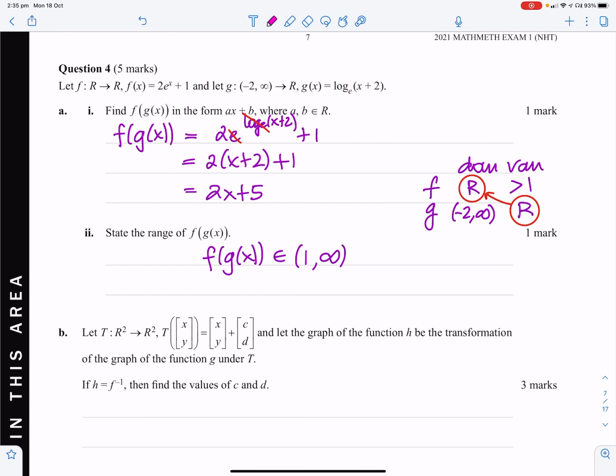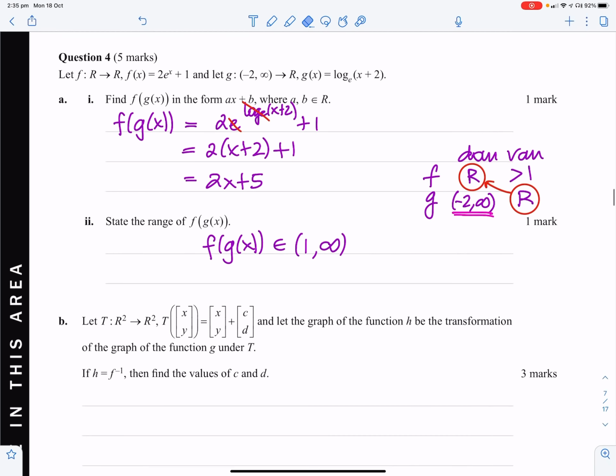Also, we could say the composite function has a domain of -2 to infinity. If I put -2 into this, I get -4 plus 1, which is -4 plus 5, which is 1, and then it's only going to get larger.